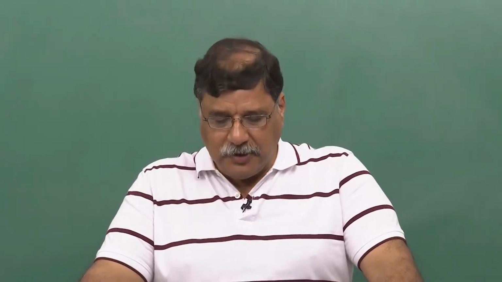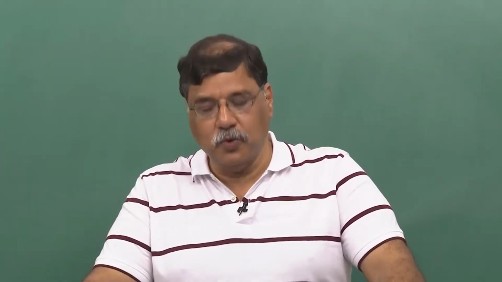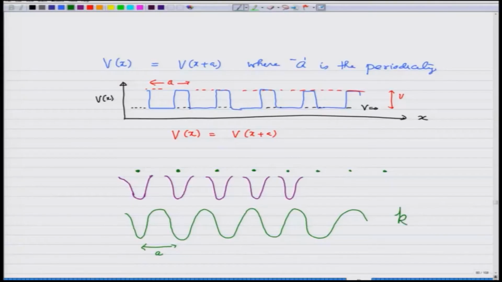The periodicity of the potential makes the solution simple, as well as it gives me a new quantum number k. Recall that for free electrons I had the solution e raised to i k x, where k was related to momentum. Here also I am going to have a quantum number k, but please do not go by the similarity in the notation. k does not represent the momentum in this case, as we will see.